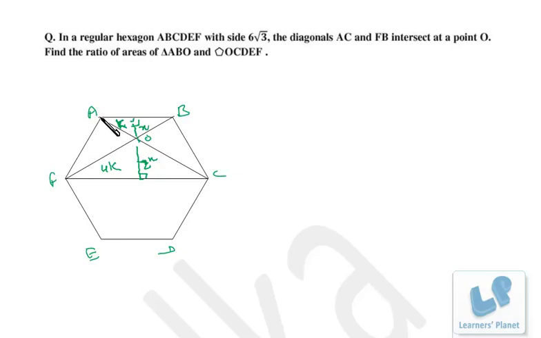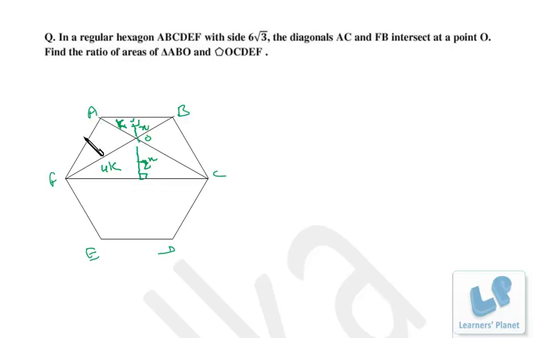Now if we compare this triangle AFB to triangle AOB, base in both the cases is the same, but height in triangle AFB is 3X. In case of AOB, it is X. That means area of triangle AFB will be 3 times triangle AOB, because height is 3 times, right? In this case it is X, and in this case AFB it is 3X, right?